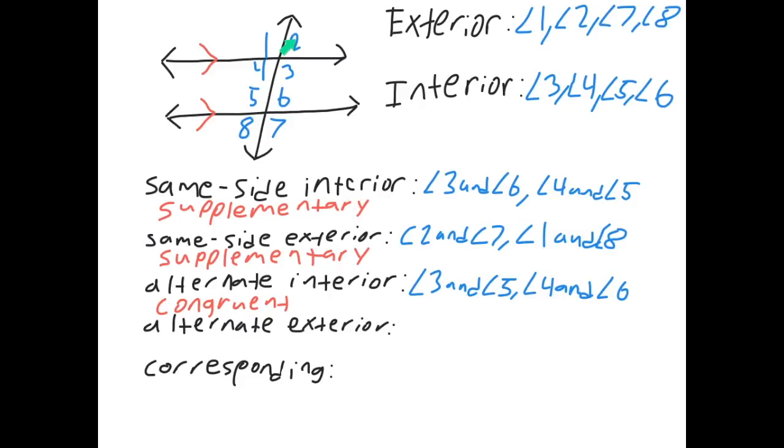So angle 2 and its diagonal across, angle 8. So angle 2 and angle 8 are alternate exterior angles. And then the other pair, angle 1 and angle 7.